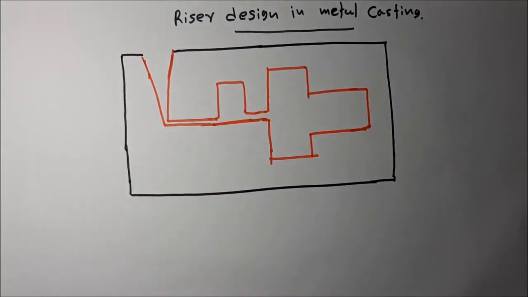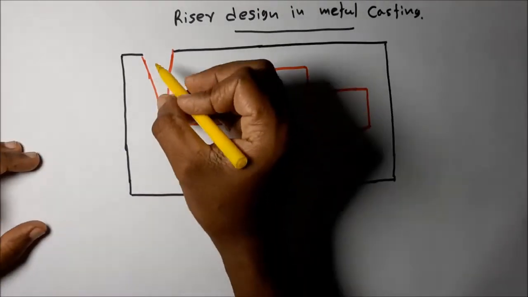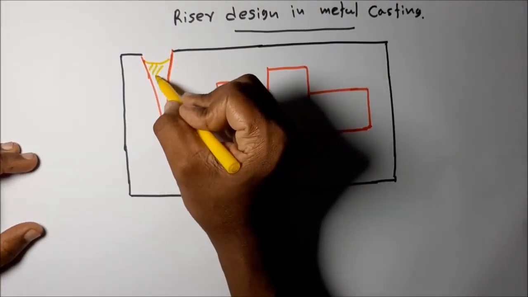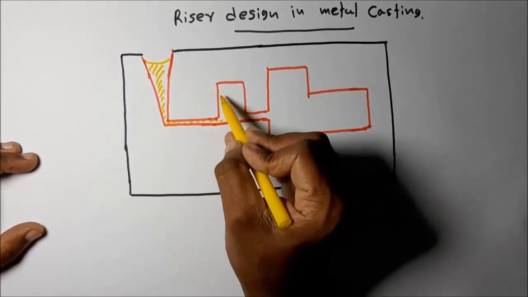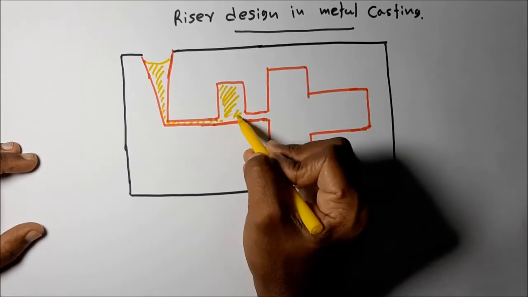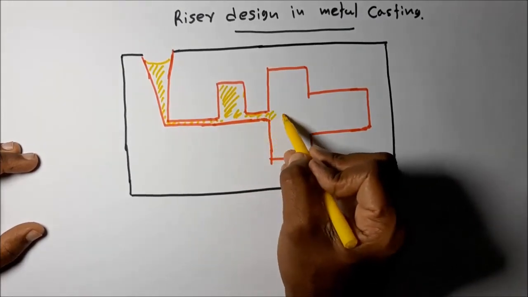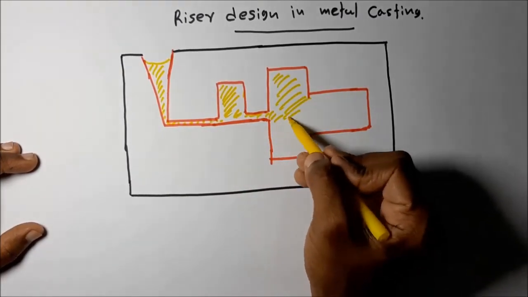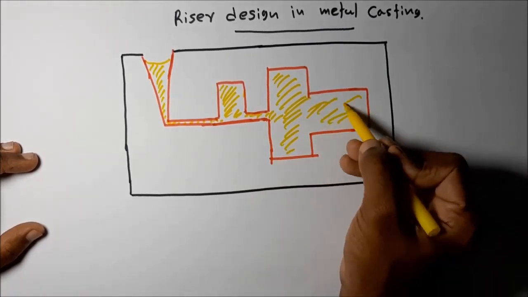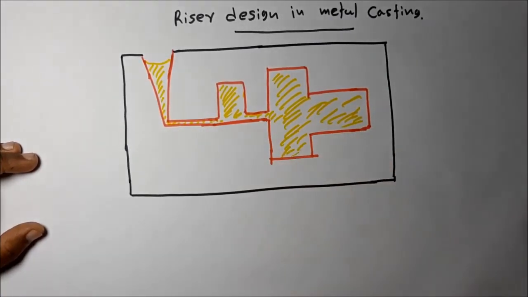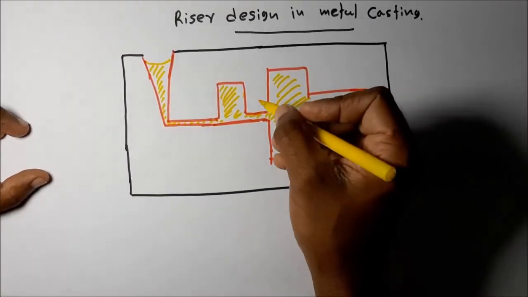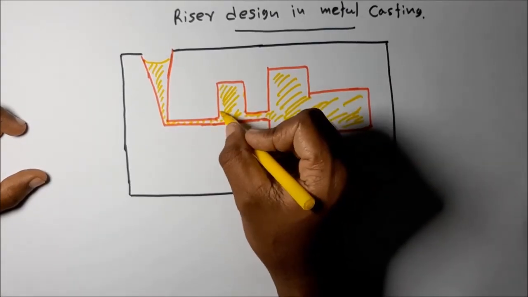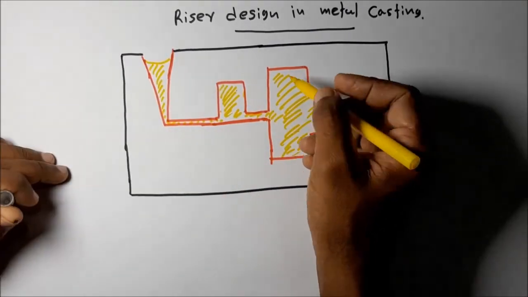So where the molten metal is poured into this sprue, it passes to the main runner due to gravity, and this riser fills with the molten metal, and the part fills with the molten metal. Then the purpose of the riser is that the riser keeps molten metal until the part is completely solidified.